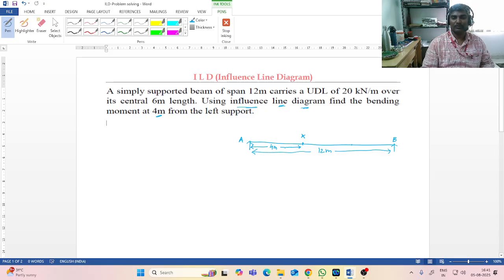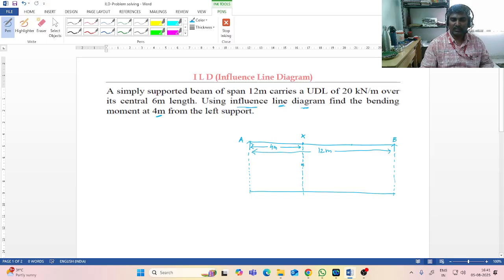Now, let us draw ILD for bending moment at this section first. So drop these points. Right. So now this will be our x-axis and this will be the ordinate under the section.